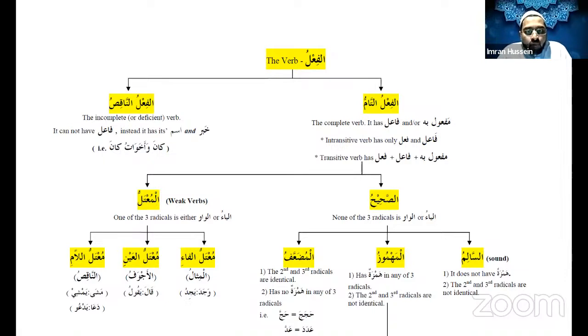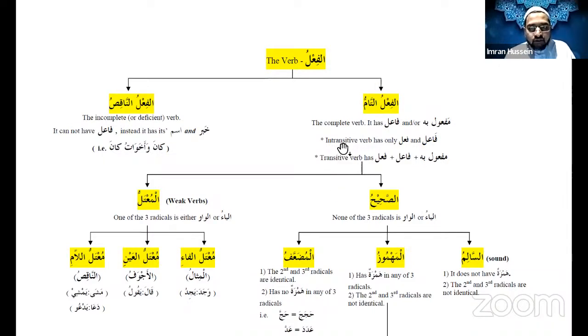The normal verb will have fi'l and fa'il, verb and a doer, or it will have fi'l, fa'il, and maf'ul, an object. So when we say kataba aliyun risalatan, kataba Muhammadun kitaban, Muhammad wrote a book, you have a doer, Muhammad, the action, writing, and risalatan, a letter.